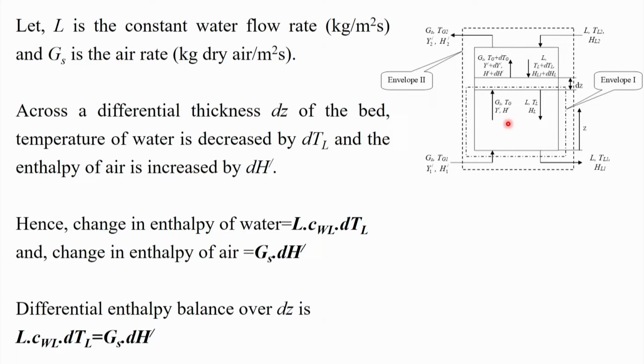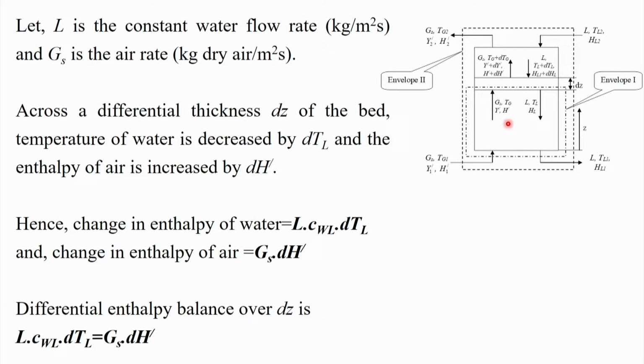So, L will be taken as the water flow rate, which we assume to be a constant flow rate. The flow rate will be in kg per meter square second, and Gs is the air flow rate, in kg dry air per meter square second.